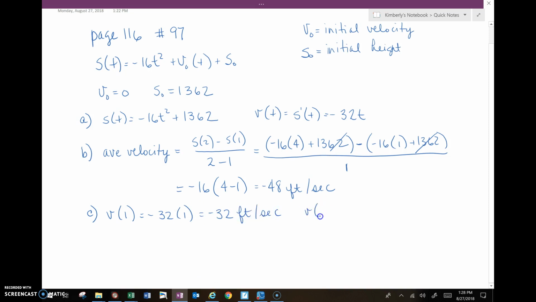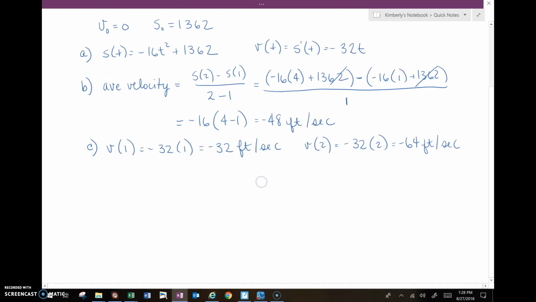And v of 2 is negative 32 times 2, which ends up being negative 64 feet per second. Remember that this is a silver dollar that is falling off of a building, and so your velocity should be negative because you're traveling in a downward or a negative direction.